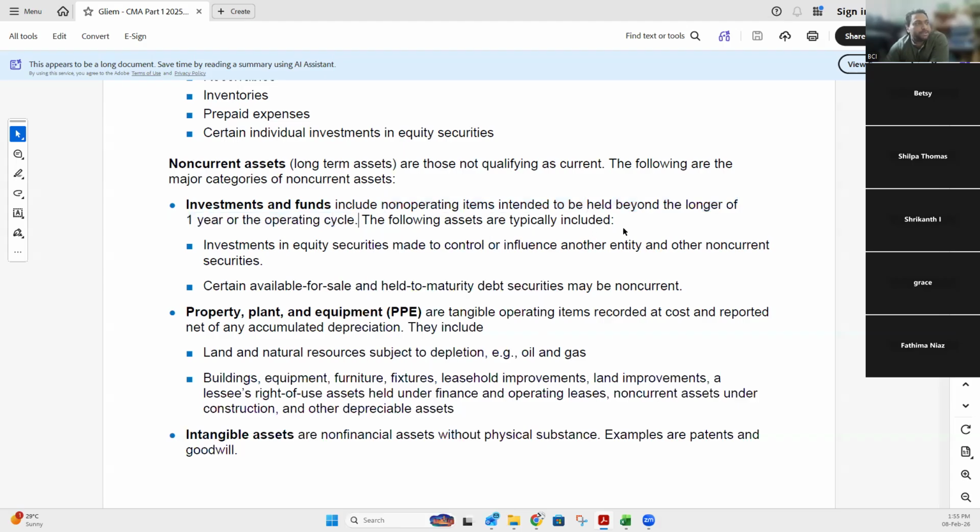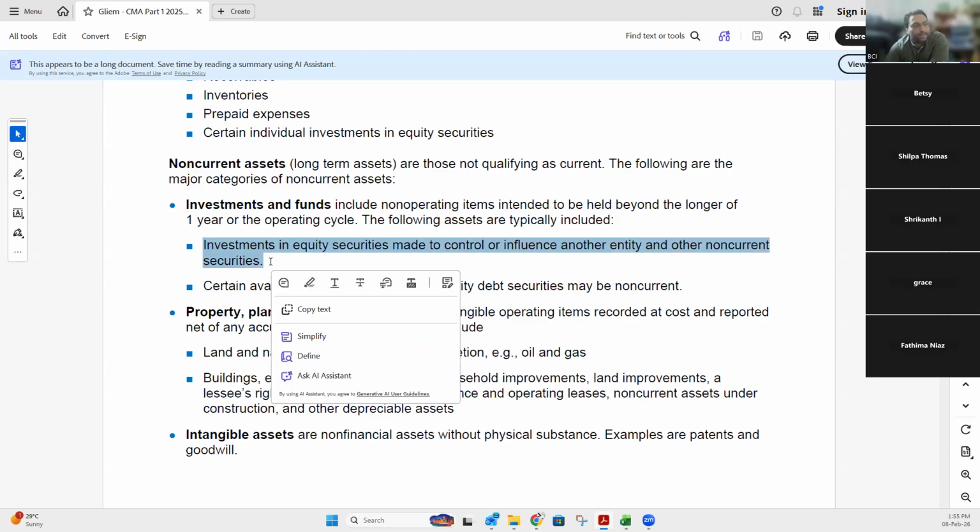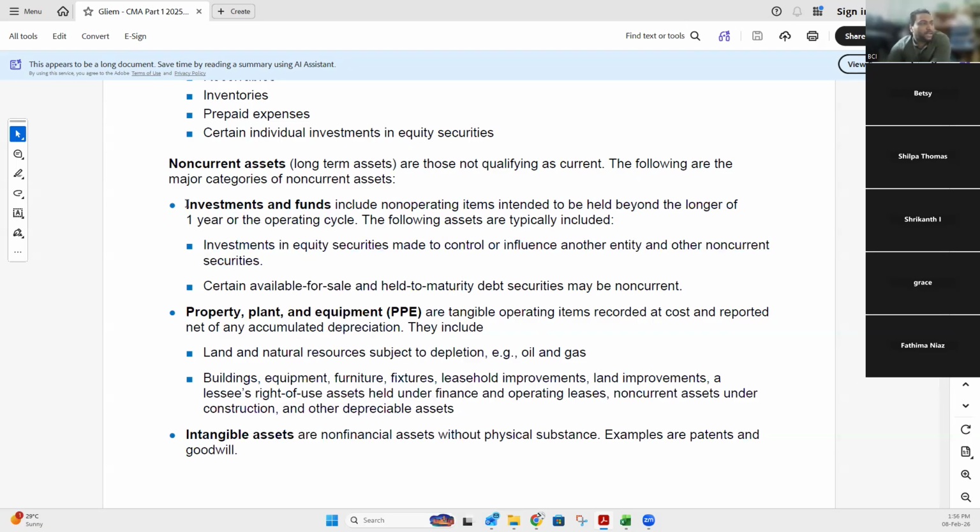The following assets are typically included: investment in equity securities made to control or influence another entity, and other non-current securities. For example, you have invested in another company to make it a subsidiary, or you have more than 20% shares in another company, then it will fall under non-current asset investments. Then certain available-for-sale and held-to-maturity debt securities may be non-current.